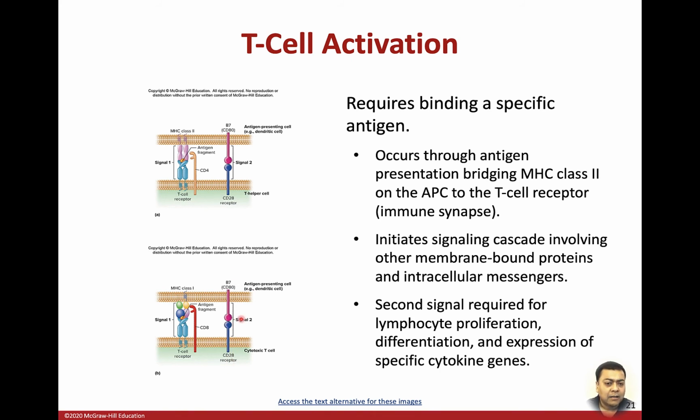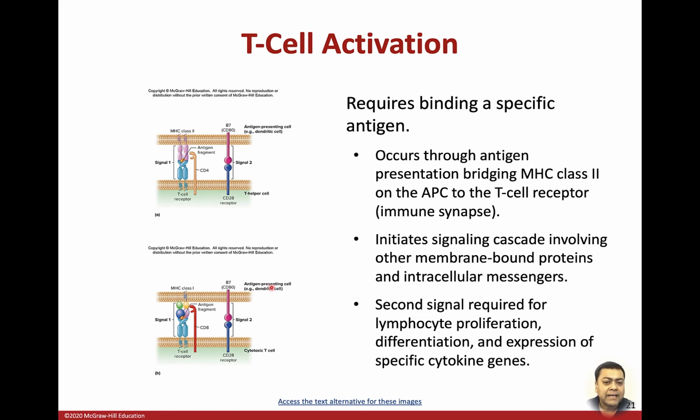This B7 or CD80 is only present on antigen presenting cells. Once it has the CD80 presented, the cytotoxic T cell understands that this is an antigen presenting cell. This is not a normal cell. So it is okay that MHC1 presents the antigen, because it is an antigen presenting cell.